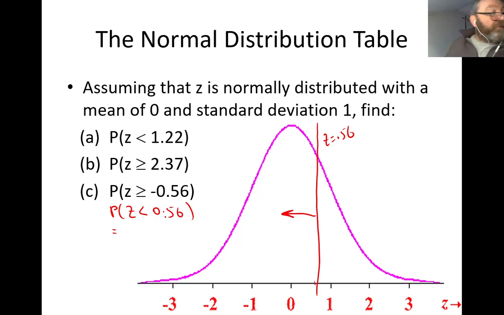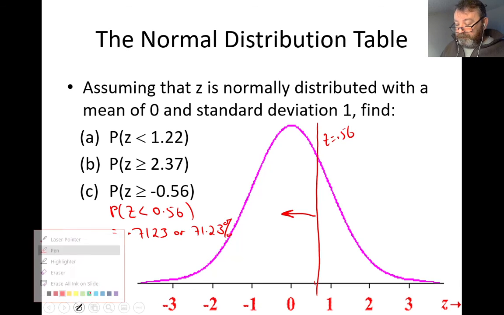And 0.56 has a reading of 0.7123 or 71.23% chance of being less than 0.56, which also means there's a 71.23% chance of being greater than minus 0.56, thanks to the symmetry of the normal curve. Okay.